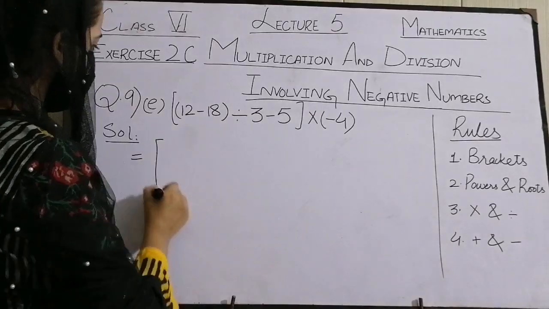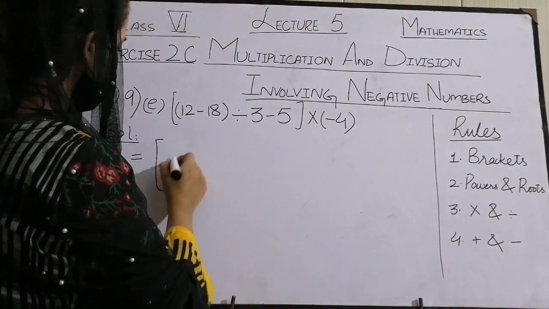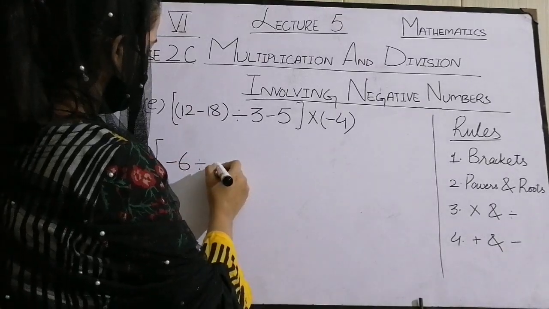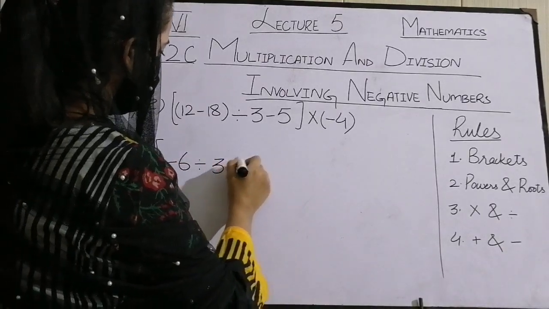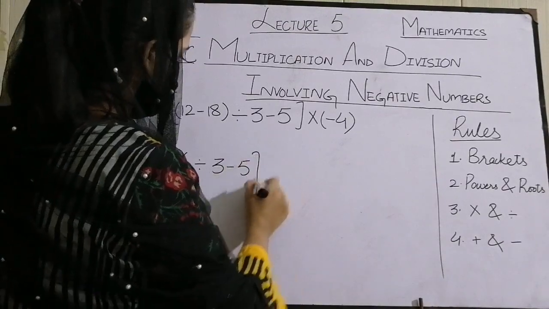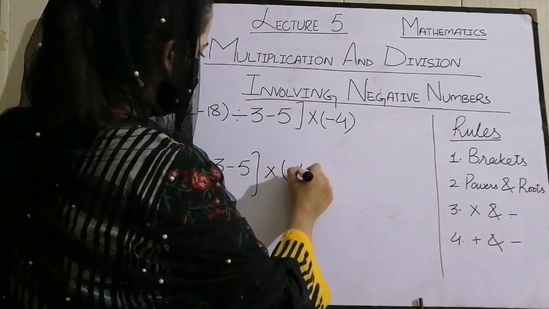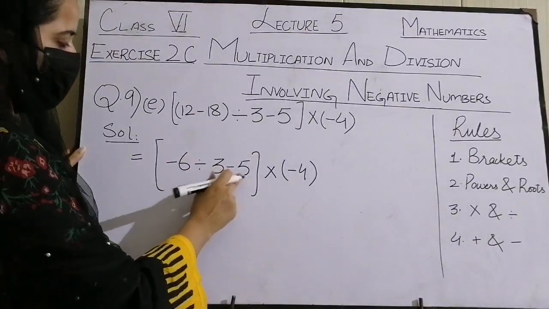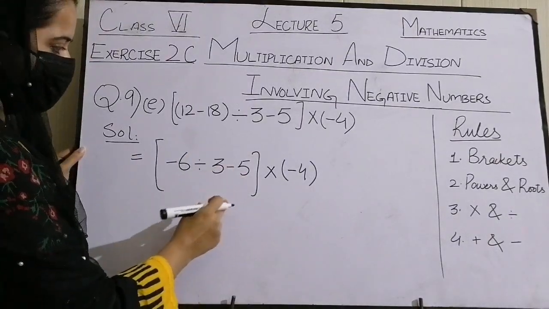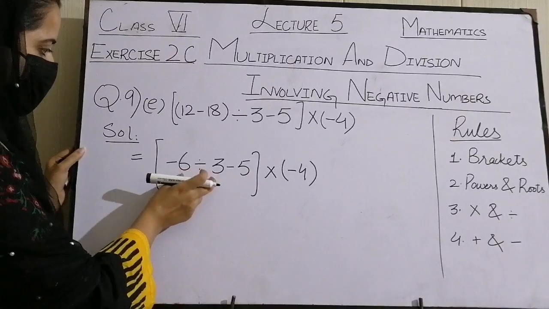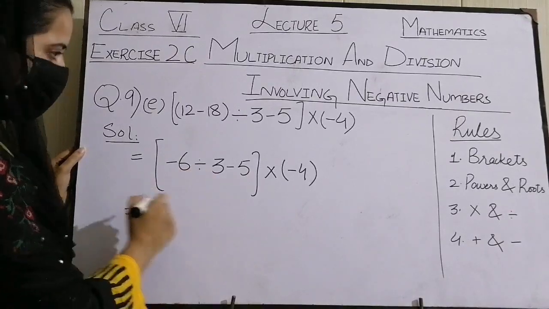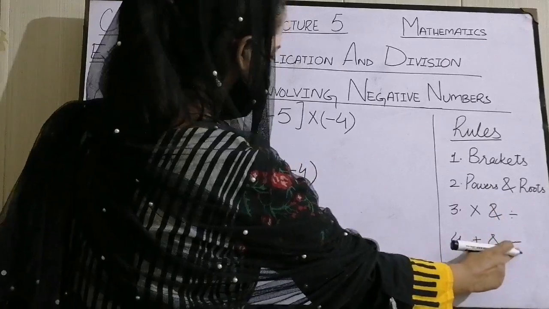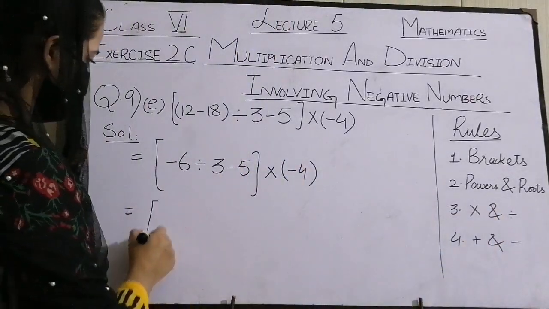In the innermost bracket we have 12 minus 18, which is minus 6, divided by 3 minus 5 multiplied by minus 4. You cannot do 3 minus 5 is equal to minus 2 because we have to divide these first. Because in rules there is division first and then comes addition or subtraction.